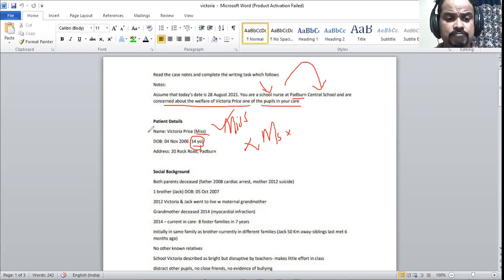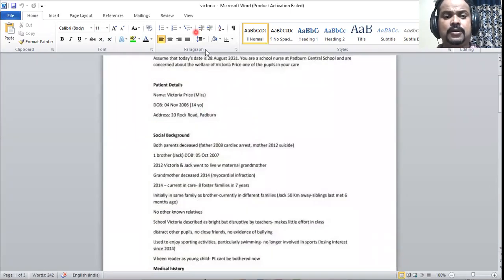So name, age, you can see the social background here. Let's go ahead with the social background, because you don't need to give this background to the GP, as the GP knows the background.